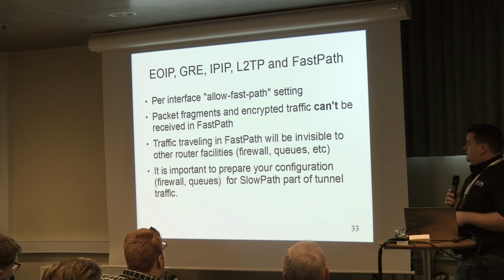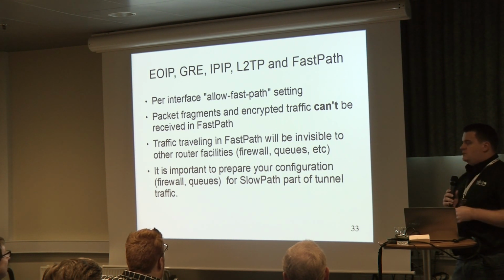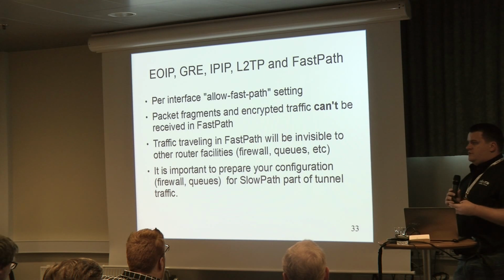I will stress it again: fragments and encryption don't work with FastPath. As I stated on the first slide, sometimes some of the packets will go the regular way, so when you're building your firewall and queues, you need to account for that. You just can't ignore the tunnel traffic.